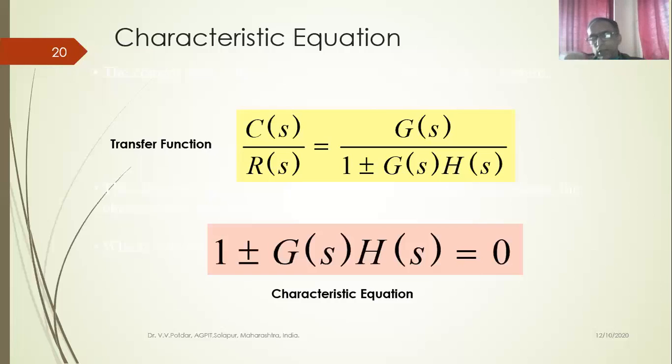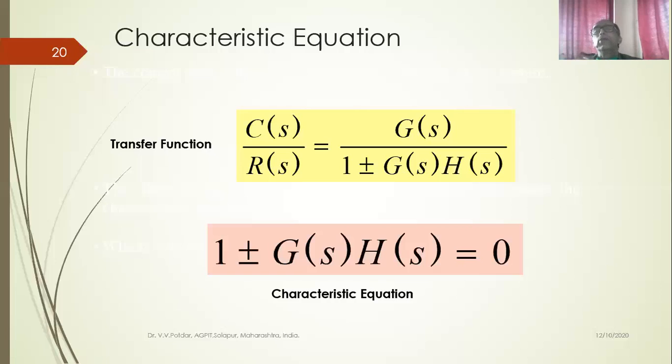When I divide the equation throughout by m, what will be the equation? s square, m gets cancelled, s square plus b by m into s plus k by m is equal to 0, isn't it? So when I solve this equation, I'll be getting s values, a simple polynomial in s, a second order polynomial.